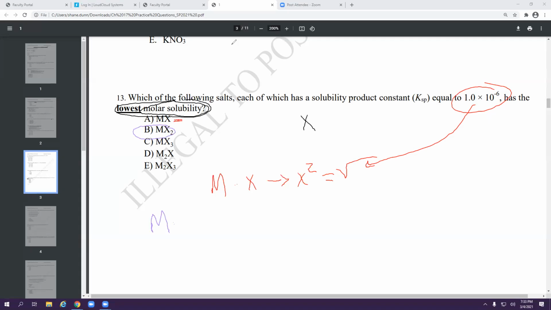M times X, or 2X. So the associated water, I'll get the concentration of M over the concentration of 2x squared. What's that going to be? That's going to be 4x cubed equal to KSP, right?